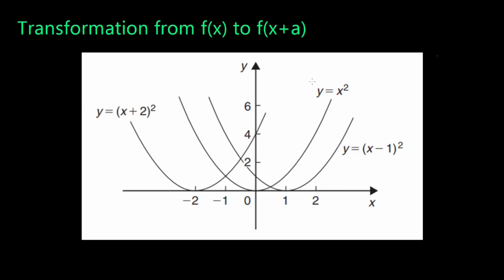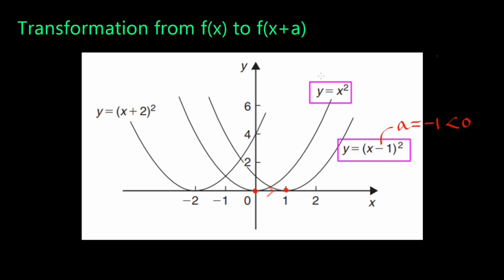Simple transformation of the curve y equals x square to y equals x minus 1 whole square can be obtained by shifting the vertex 0 of the curve y equals x square 1 unit to the right along the x-axis. This is because in y equals x minus 1 whole square, a equals minus 1, which is negative.